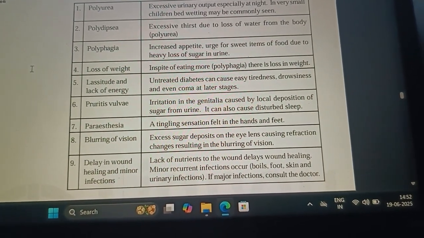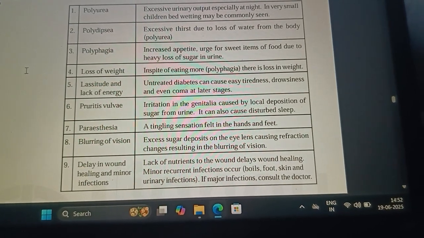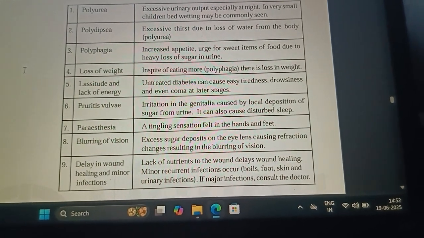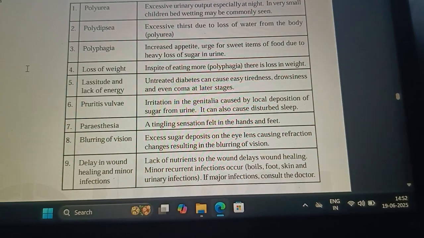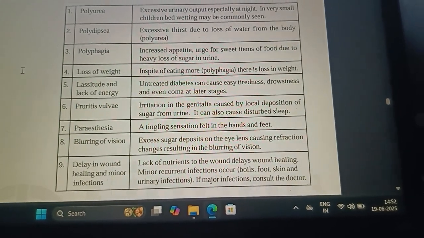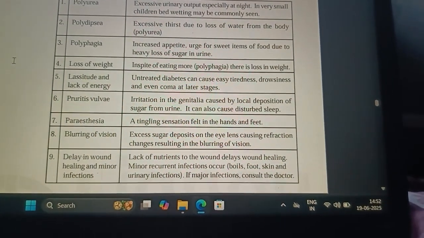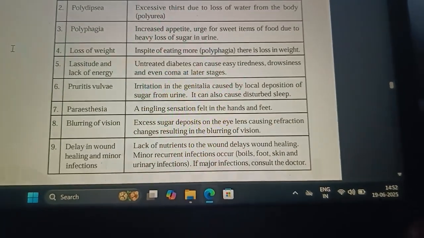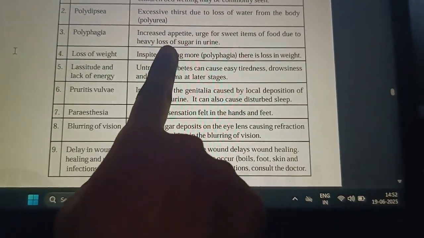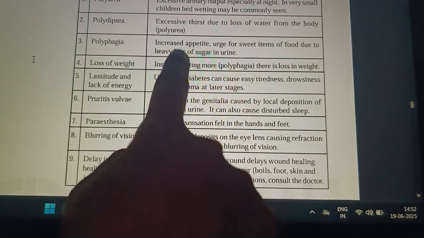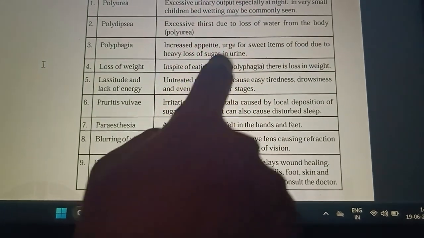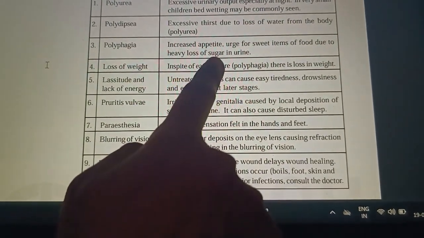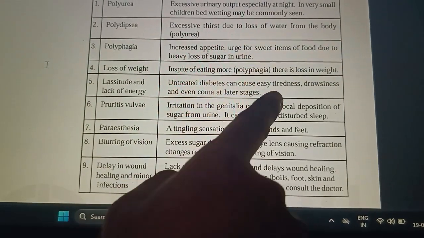In spite of eating more, there will be loss of weight, because, as I said, this is most important: carbohydrate, that is sugar, is what gives us energy. And what do proteins and fats do?